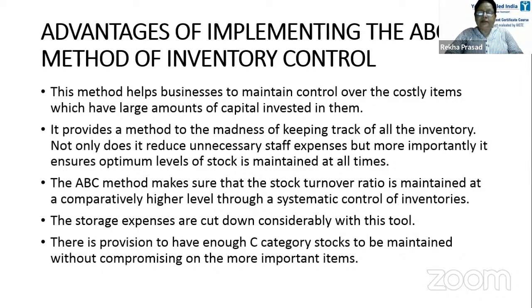The ABC method makes sure that the stock turnover ratio is maintained at a comparatively high level through a systematic control of inventory. तो टर्नओवर ऐसा ना हो कि फिर तुम्हारा प्रोडक्शन लाइन स्टॉप नहीं होना चाहिए. तो according to the cost of the and the requirement of the inventory, you have to keep a track of these things.